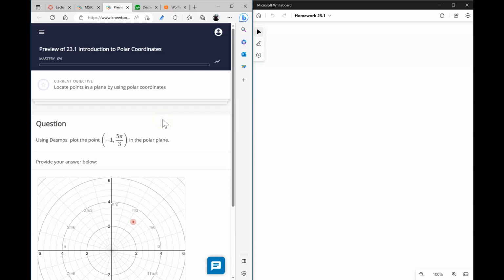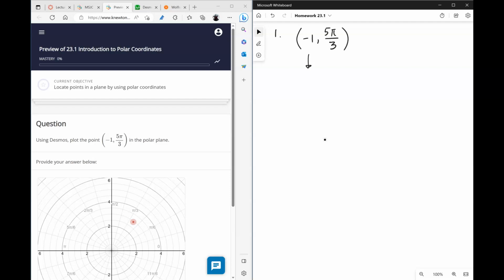So the first question is asking us to draw a point in the polar plane using Desmos. However, before we use Desmos, let's figure out what everything here means.